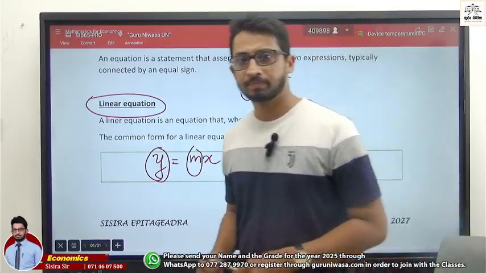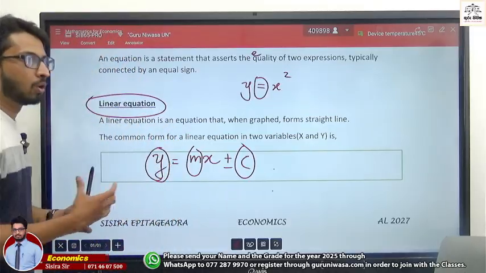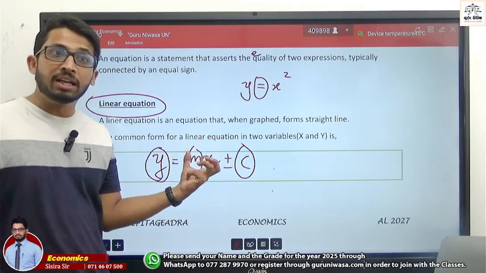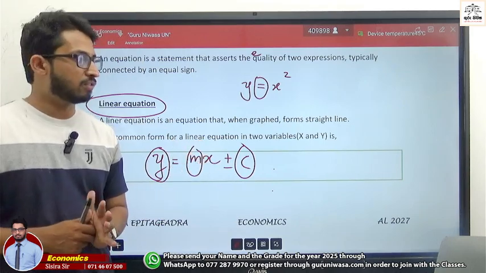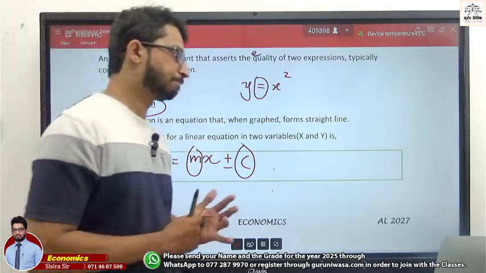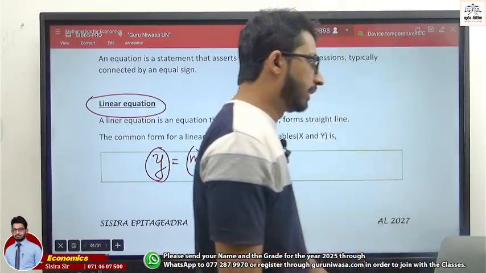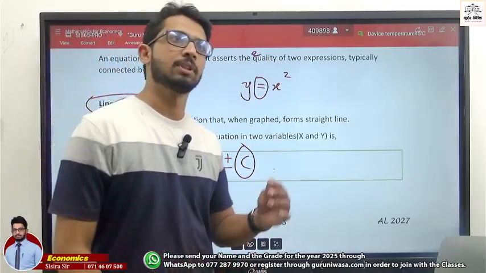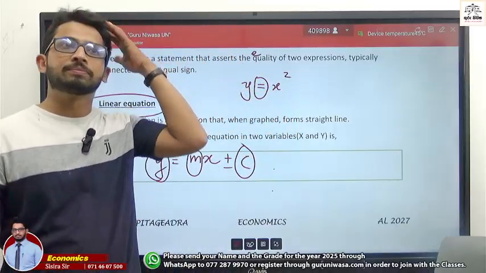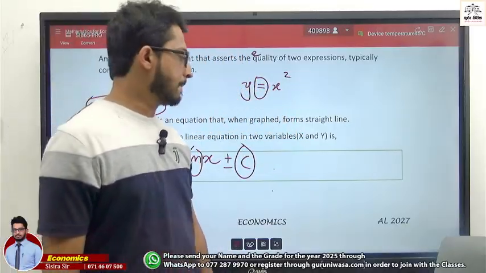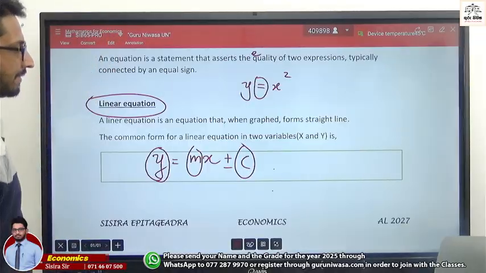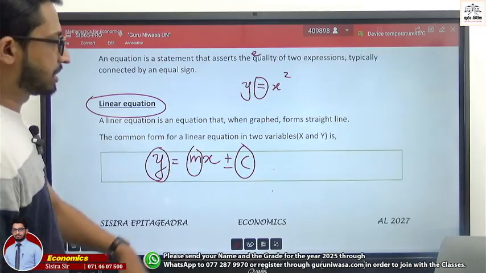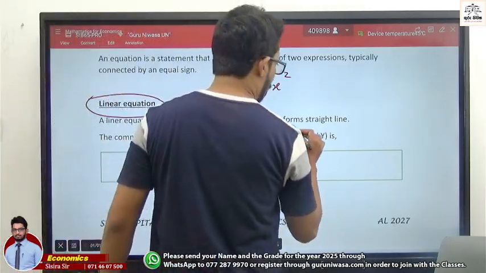This is the common or standard form of linear equation. A linear equation is an equation that when graphed forms a straight line.